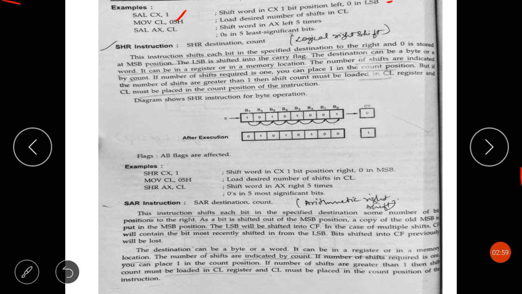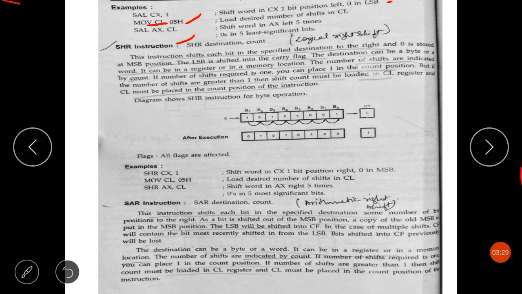But if the number of shifts required is more than 1, like here where I need 5 shifts, first I need to store 5 in the CL register, and then write CL in the place of the count. So I write SAL, and AX is the register whose bits I'm going to shift, and CL will tell the count.